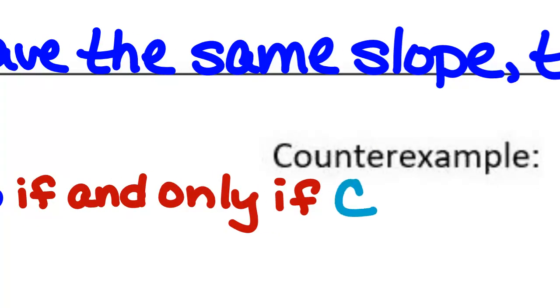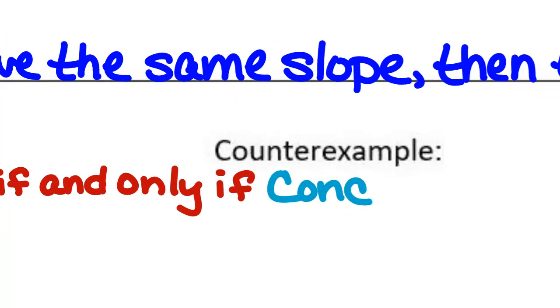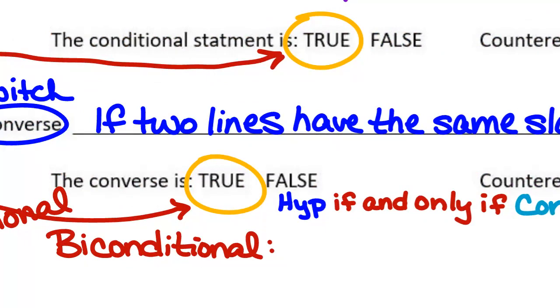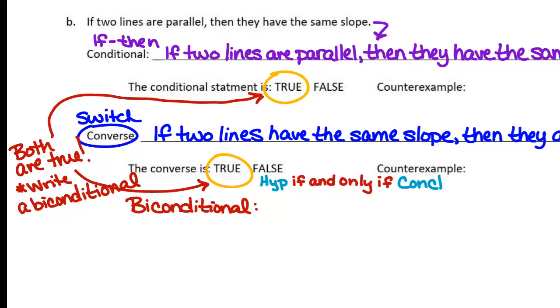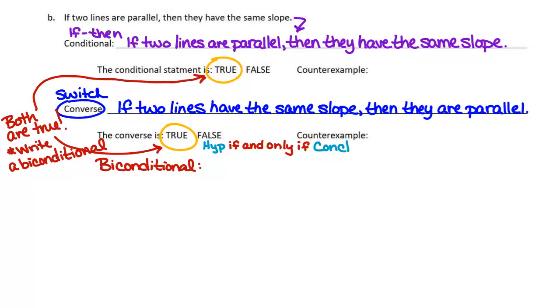And then I need the conclusion. So let's look at our original if-then statement up at the top. If two lines are parallel, then they have the same slope.